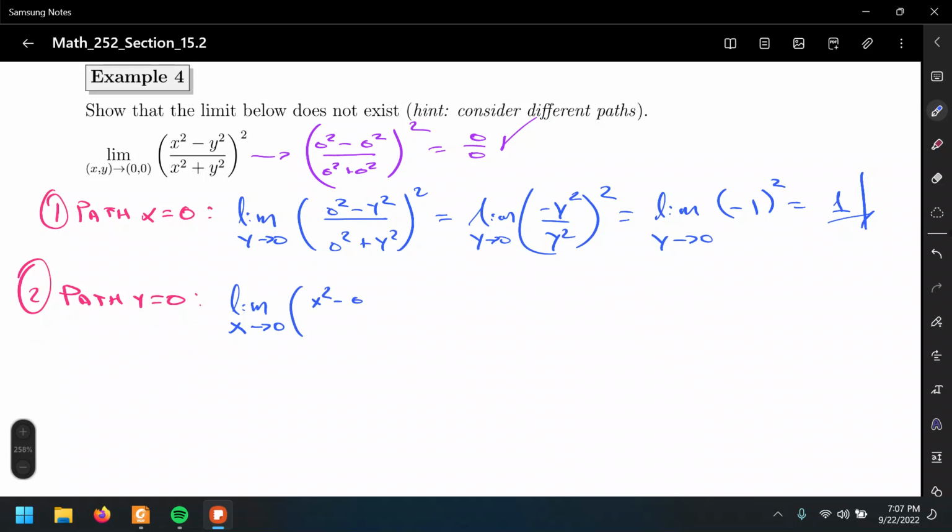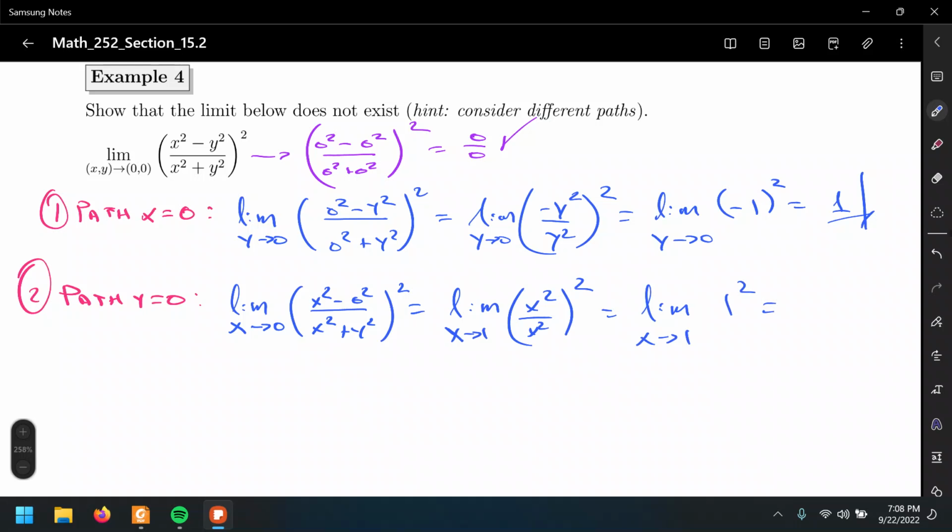X squared minus 0 squared over x squared plus 0 squared, quantity squared. Well, in this case, that's x squared over x squared as x approaches 0, and these x squareds cancel, leaving us with 1 squared. The limit equals 1.